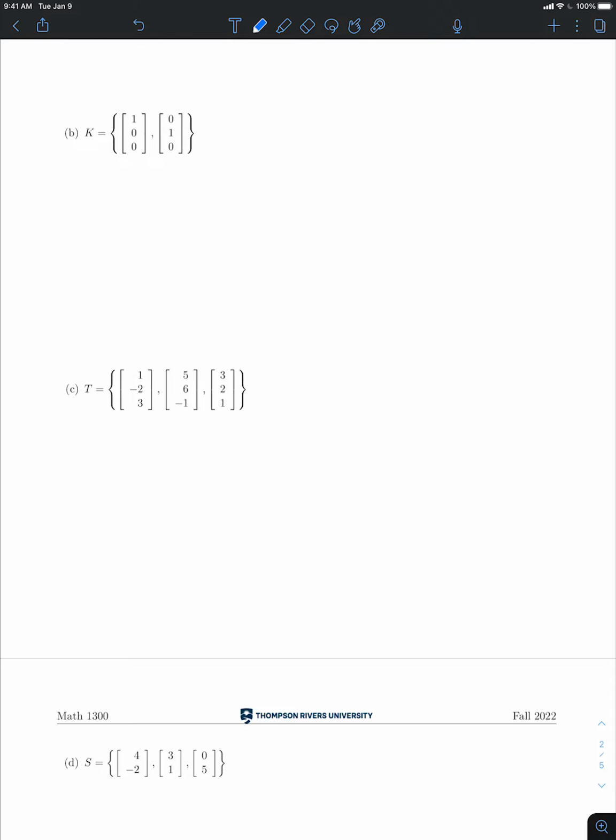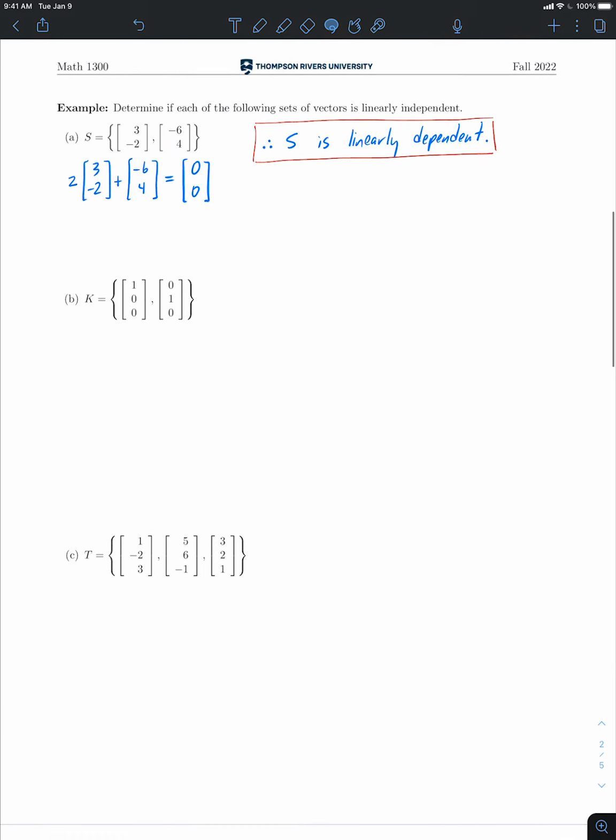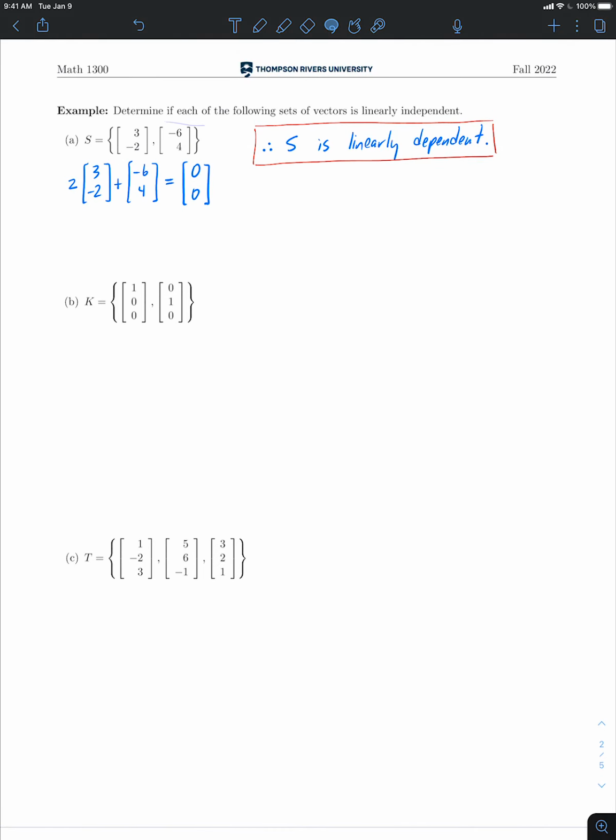So how do you check that rigorously? If you're trying to show that they're linearly dependent, it's fairly straightforward. All you need to do is come up with a way to represent the zero vector as a linear combination of vectors in your set where at least one of the coefficients or weights is not zero, right? That's it. You only need one example to justify the conclusion that you want to make.